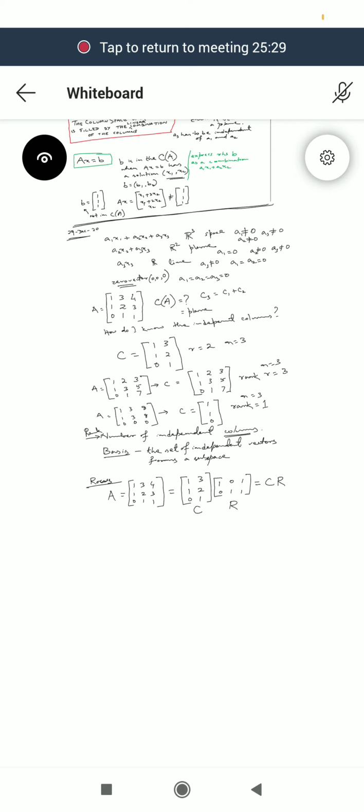And from here, what do I understand? I have factorized the matrix A into two different matrices. One is the column matrix C, another I am calling R, for rows.